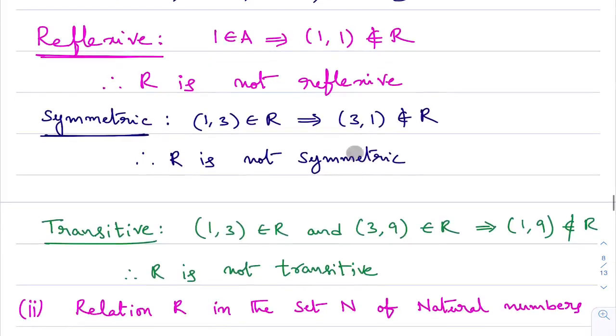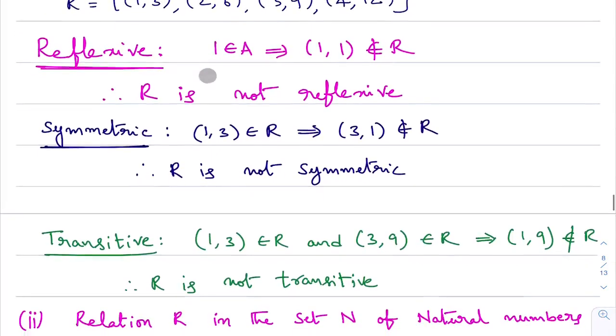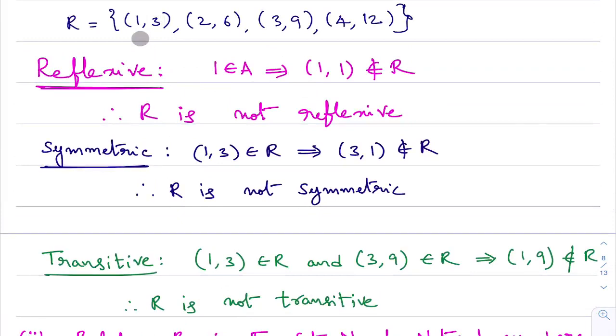However, what I am trying to explain is, you just find one example. When it is not reflexive, give an example and say that it is not reflexive. When it is reflexive, you have to be very careful. So I am saying total 9 bits are there in this first question. If you understand all 9 bits, it means you understand this full exercise, right? You see here, so R is not reflexive.